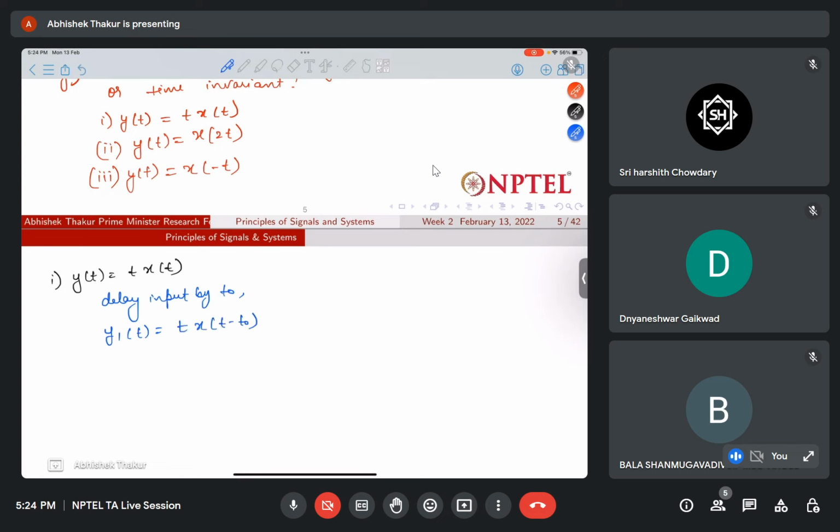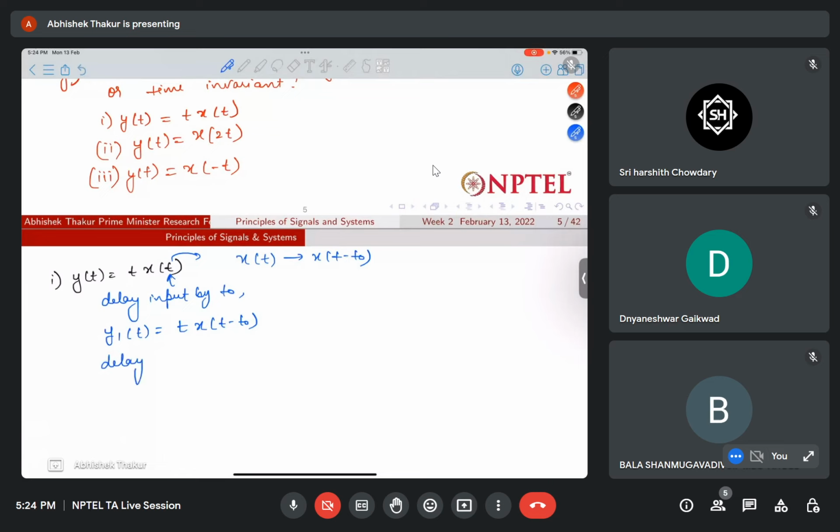See, here we have just delayed the input by t naught. This means only the input function which is depending on t will be changed to t minus t naught. In x(t) we have to substitute x(t minus t naught).